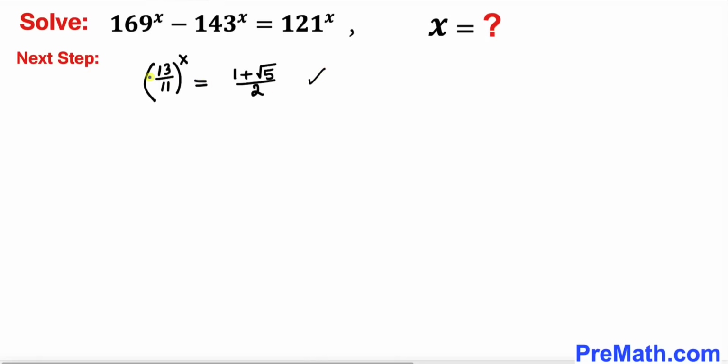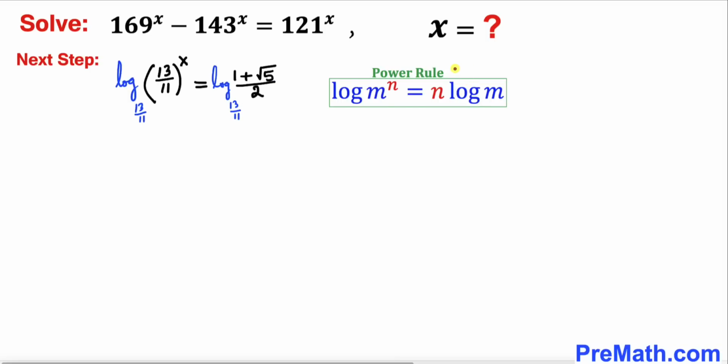So let me take a log on both sides. I'm going to take log with the base 13/11, and likewise log with the base 13/11 on the right hand side as well. And now let's recall this power rule. According to this rule, I can move this exponent all the way to the very front.